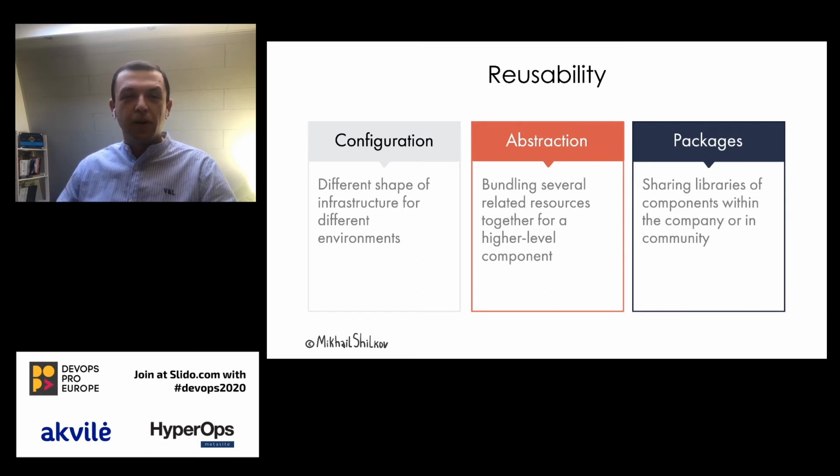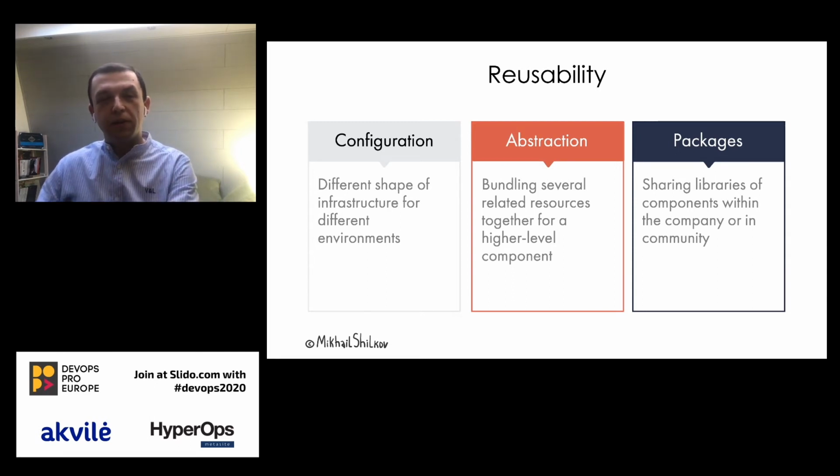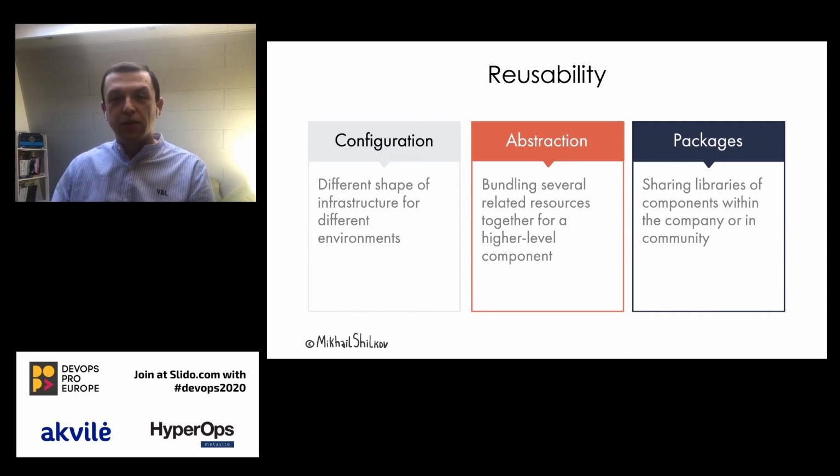Your reusability is quite hard. If you want to deploy several resources, you usually end up copy pasting them, or doing some awkward things with linking templates one from the other. There is no way to create simple high level abstractions and also to package and distribute them for a company, let's say multiple teams, or in a large open source community.